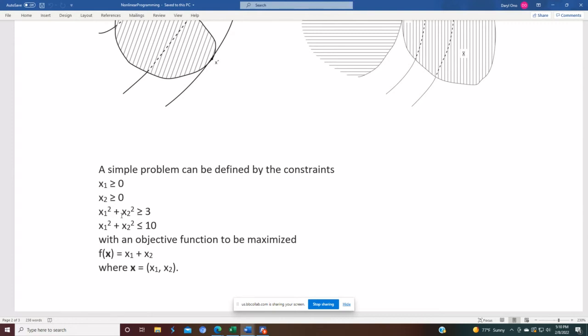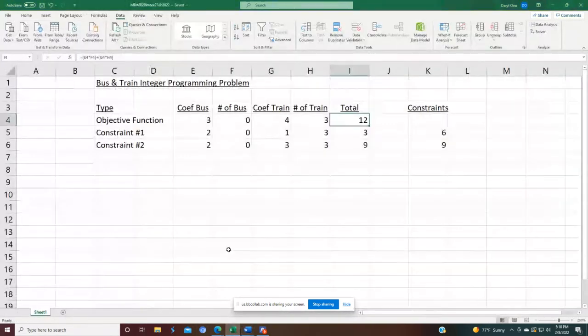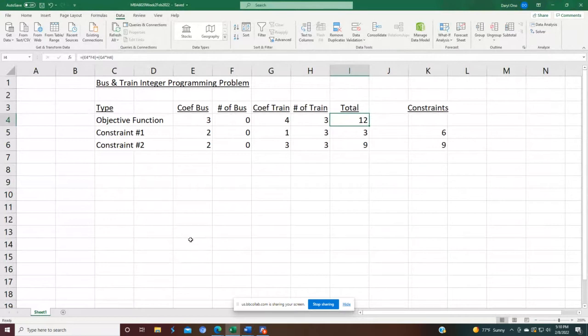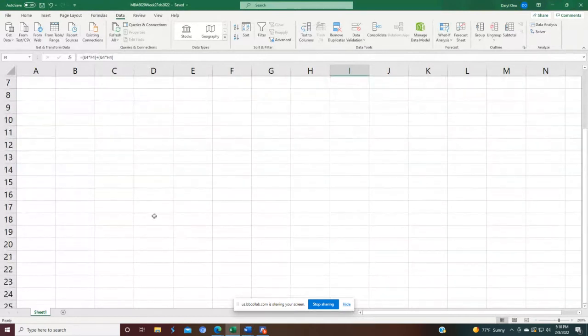In real life, nonlinear programming is more common than linear programming. But most of the time, with linear programming you can use the simplex method and get away with it. All right, so let's try now.